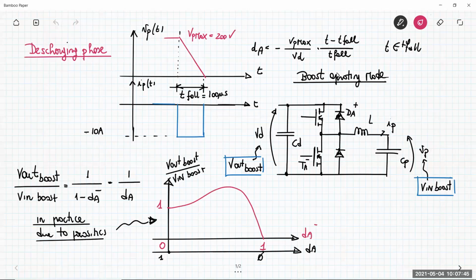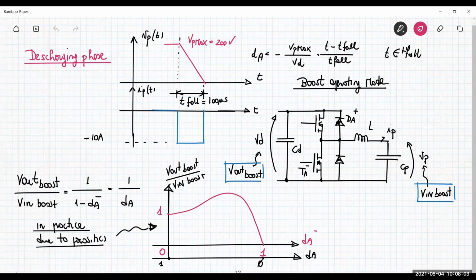Okay, we were talking about the discharging phase of our piezo injector. I just reported on this whiteboard the voltage across the piezo injector and the current through it, related to the phase through which I discharge the capacitor CP.